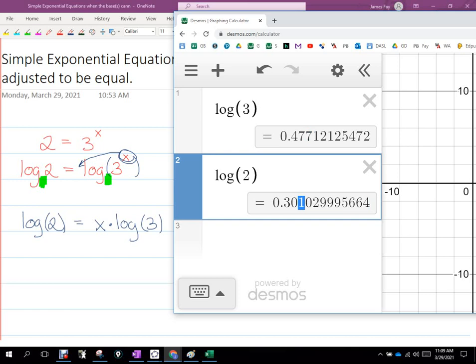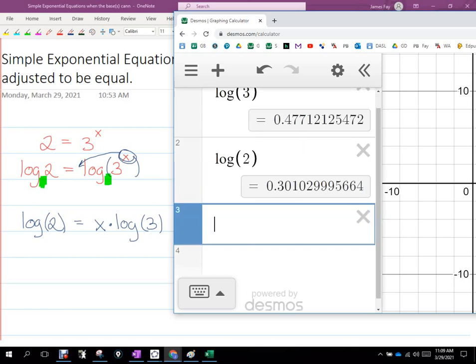But to make a decision on what we're going to do here, I'm going to rewrite this equation using these values: 0.301 equals x times 0.477. That's exactly what this says.